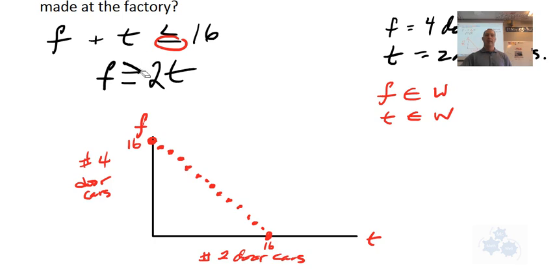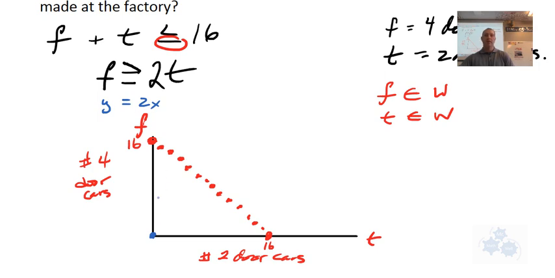Good question, though. And in the textbook, I think they use different colors and everything, too. All right. Okay, what about this one? F is greater than or equal to 2t. Remember we've got F is y, so this is kind of like y equals 2x. That's the line we're looking for. So again, if we have 0, 0, is that going to be on the line? Does 0 equal 2 times 0?